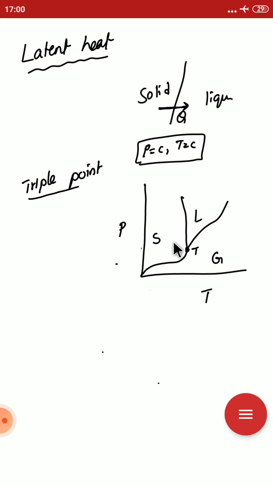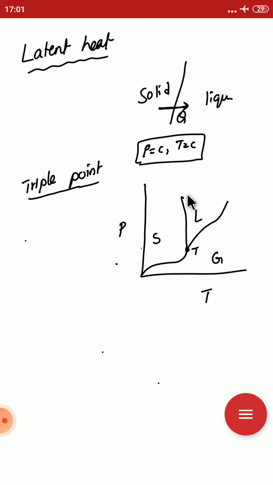It is the point at which the three phases of the substance coexist in thermodynamic equilibrium. That is called a triple point.